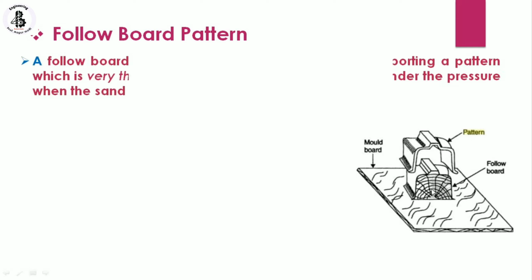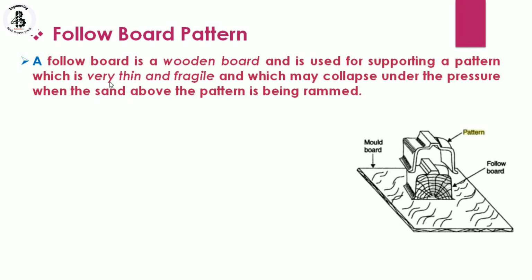A follow board is a wooden board used for supporting a pattern which is very thin and fragile, and which may collapse under pressure when the sand above the pattern is rammed. In some complicated pattern geometries, where the pattern material has difficulty withstanding such ramming force, the follow board pattern is employed.